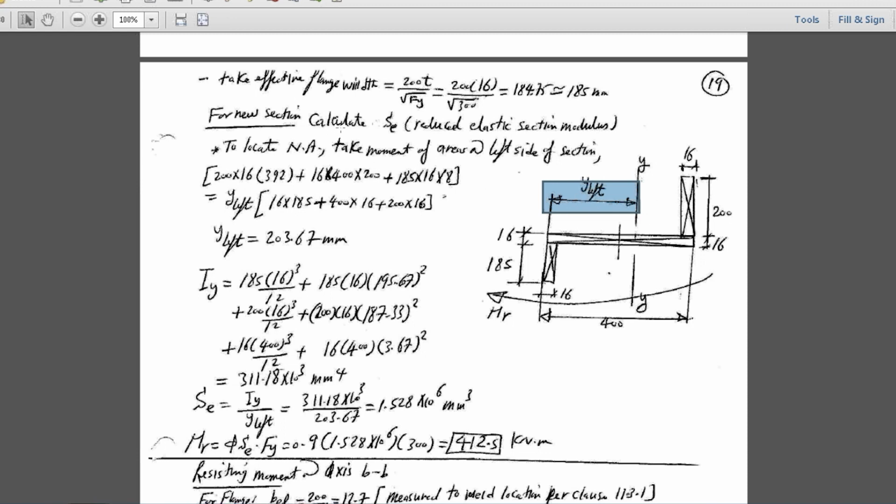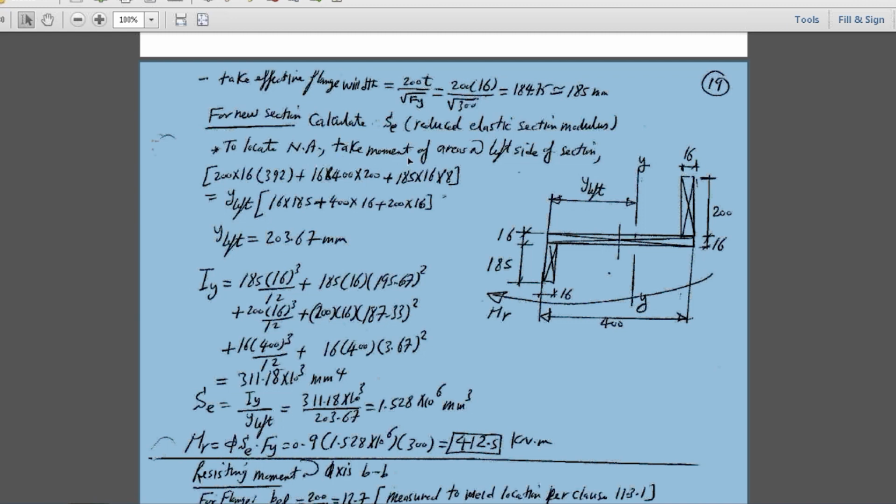I say, take the moment of each area, these three areas, about the side of the section. This will equal the whole area times y left. So this is what we did, and I got y left. Then you calculate the moment of inertia of each one locally, then add the area times the distance between the two centroids squared. Everything is the same as we did last time.